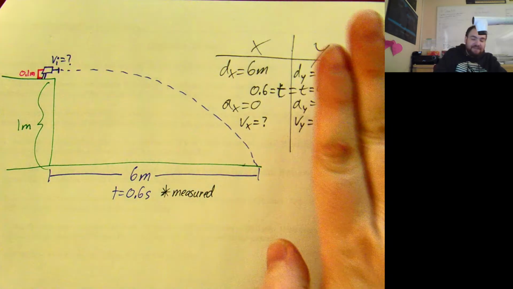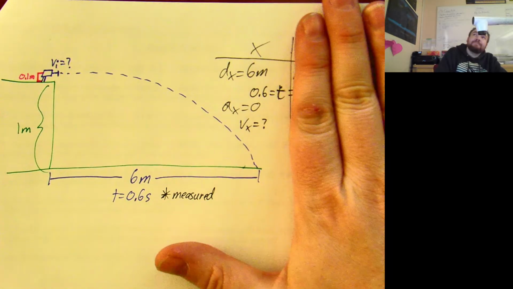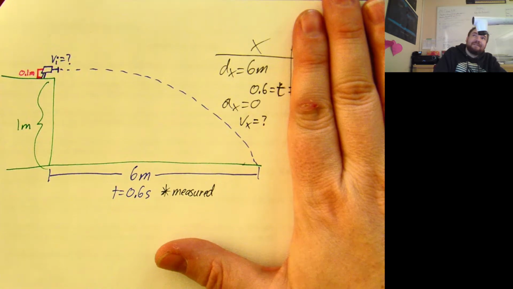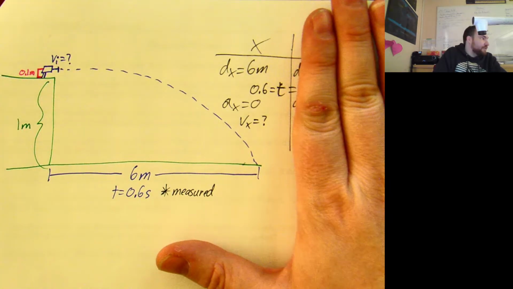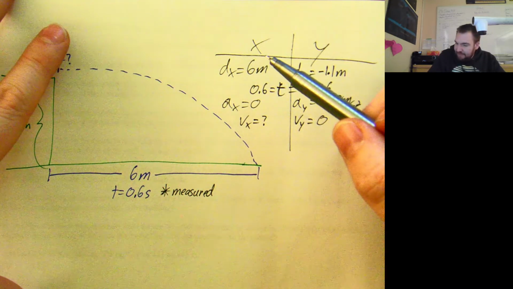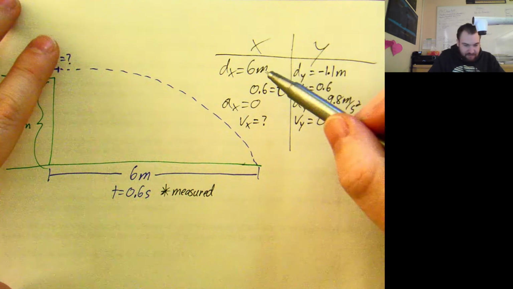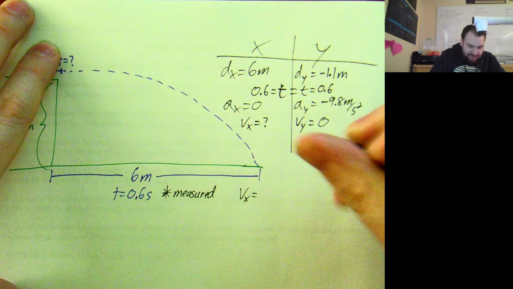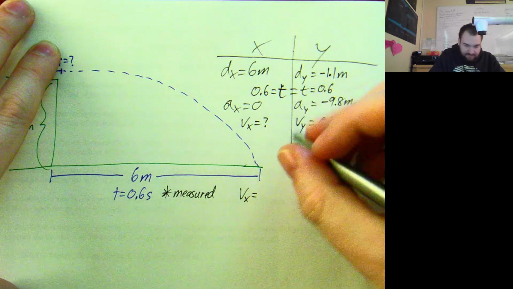Do I need any of this information over here? Okay. You can just solve the formula with the two pieces of information you have, and that's it. I could just solve it with the two pieces of information I have. Sure. So Vx is just going to be d over t, right?